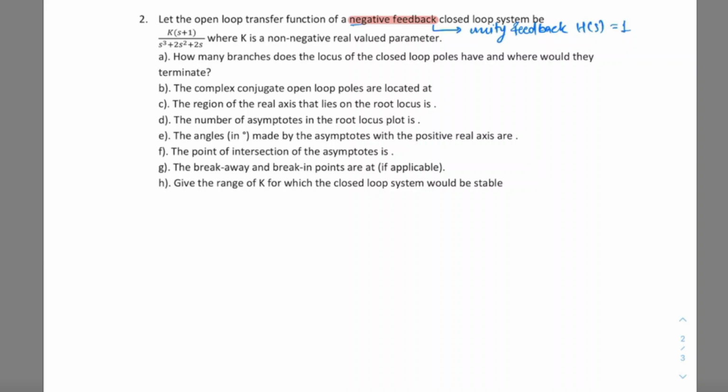So let us slowly get into this. The open loop transfer function is given. That means g of s h of s is equal to k times s plus 1 over s cubed plus 2s square plus 2s.